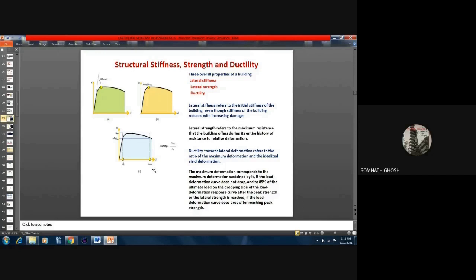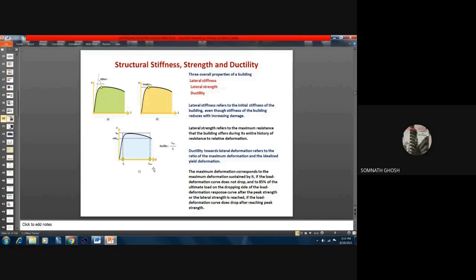Lateral stiffness refers to the initial stiffness of the building, even though the stiffness of the building reduces with increasing damage, which I was telling you. Lateral strength refers to the maximum resistance the building offers during its entire history of deformation, relative deformation.